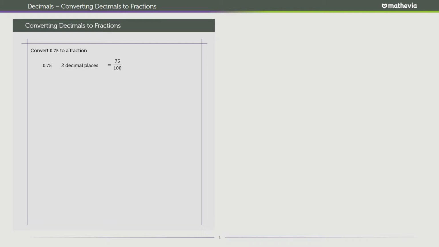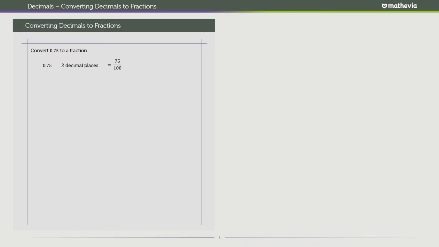The number of zeros depends on the number of decimal places. Because you have two decimal places in this case, you're dividing by 100. If you had three decimal places, you'd be dividing by 1000. If you had one decimal place, you would be dividing by 10. So we have 75 divided by 100, and that's 0.75 as a fraction.